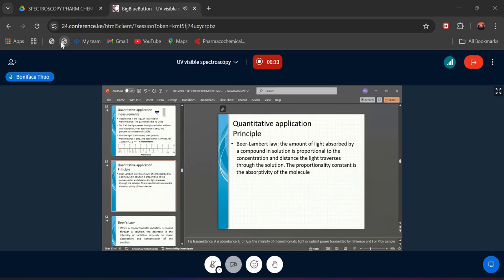So the absorptivity is dependent on the wavelength of the light and the molecule in question.